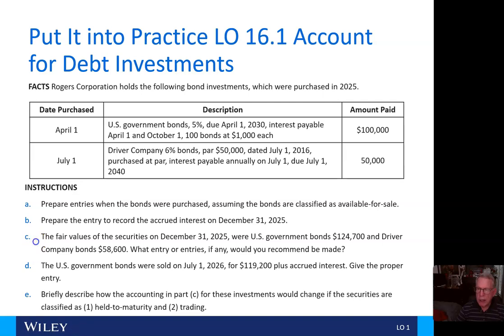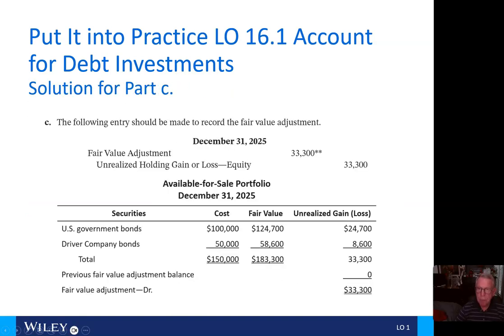Okay, under Charlie here, the fair values of the securities on December 31, 2025 were the U.S. government bonds of $124,700 and the driver company bonds of $58,600. What entry or entries, if any, would you recommend to be made? Well, under Charlie, we're going to debit the fair value adjustment for $33,300 and credit the unrealized holding gain of equity of $33,300.